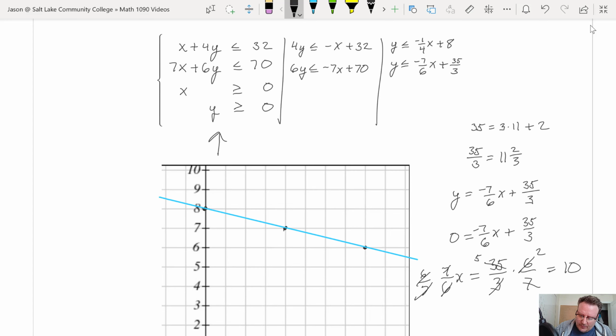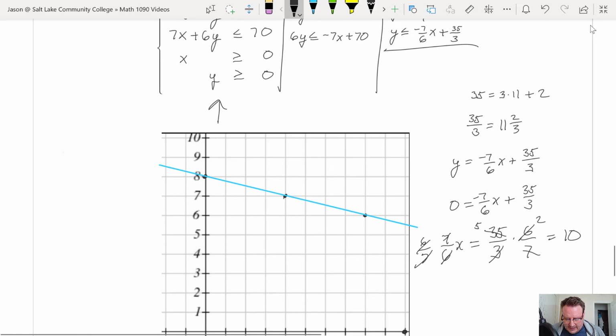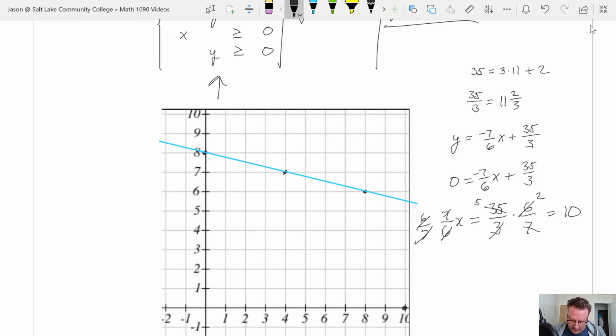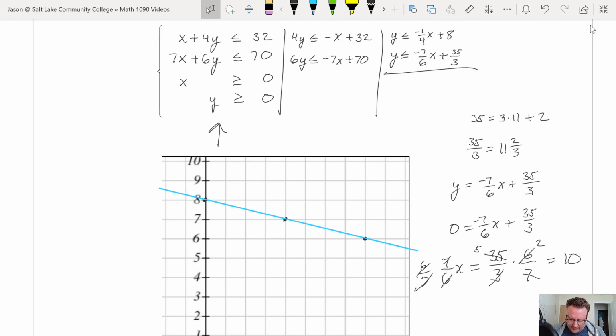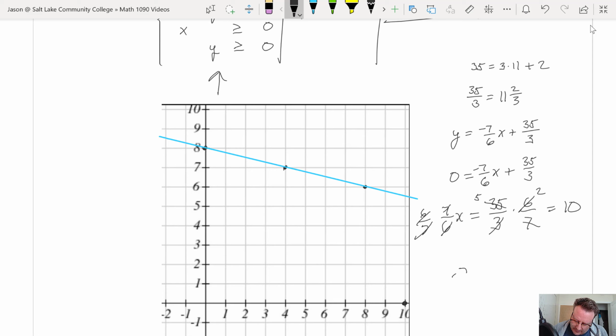And we want to graph this inequality now, or the line that corresponds to that. So it has a slope of -7/6. So that means, let's think of it, -7/6 is equal to 7/6 going the other way. So if I go 6 units in the negative x direction, 1, 2, 3, 4, 5, 6, that puts me here. I have to rise up 7 units, so 1, 2, 3, 4, 5, 6, 7.